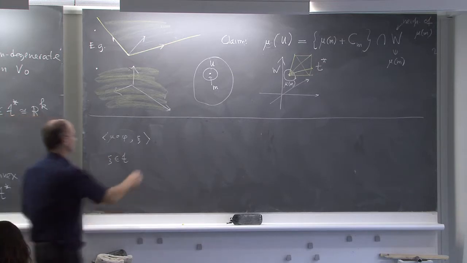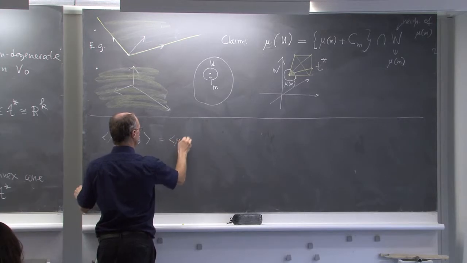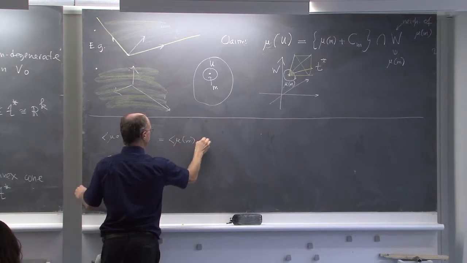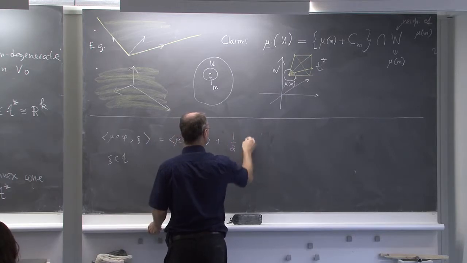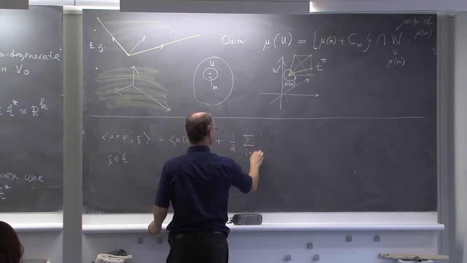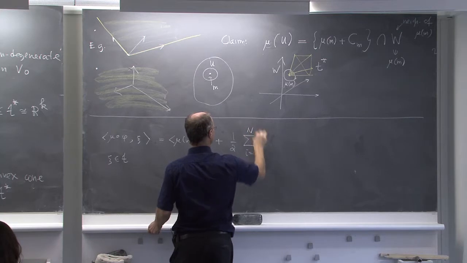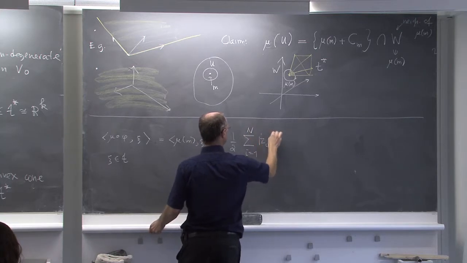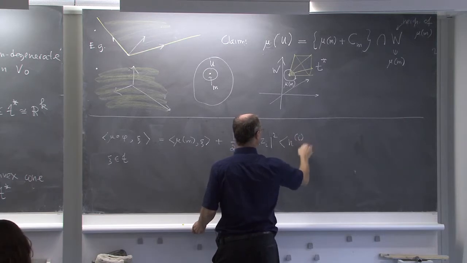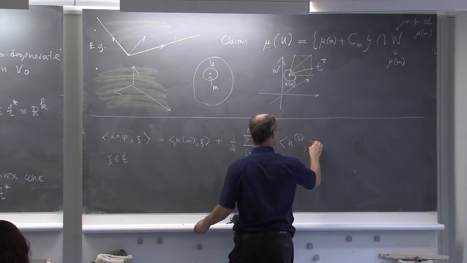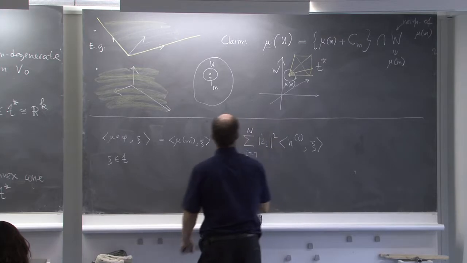So what will it give? So this will be mu of m psi plus 1/2 sum from 1 to capital N zi square, and here I will take pairings of those weights with psi.